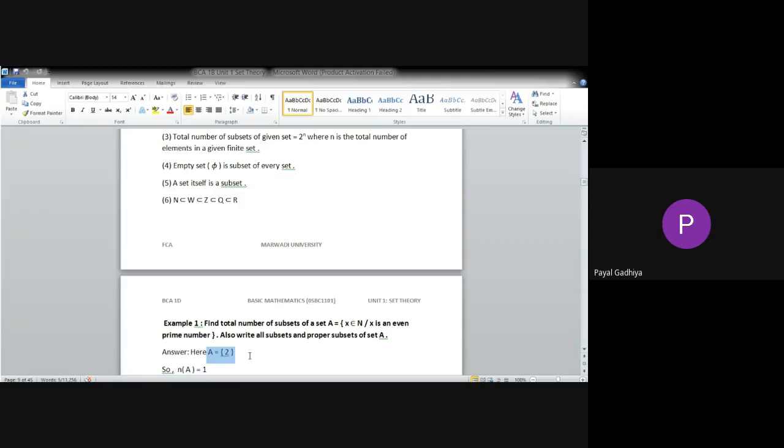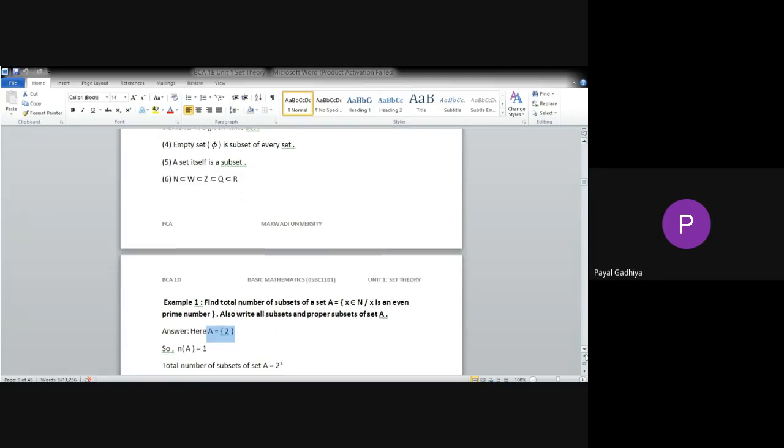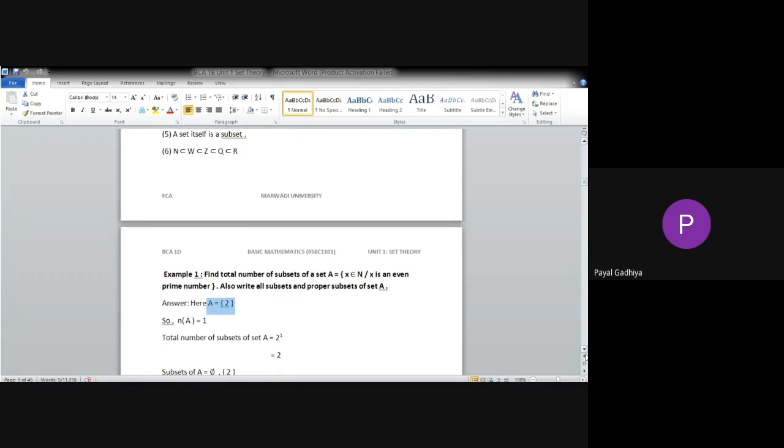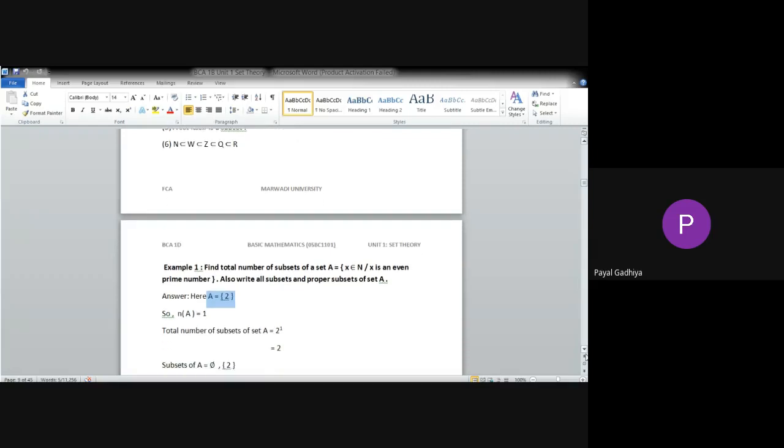So the number of elements of A is 1. Therefore, we have this formula 2 raised to n. The total number of subsets of a set A equals 2 raised to 1, which is 2. So there are two subsets, one is the null set and the other is the singleton set {2}.